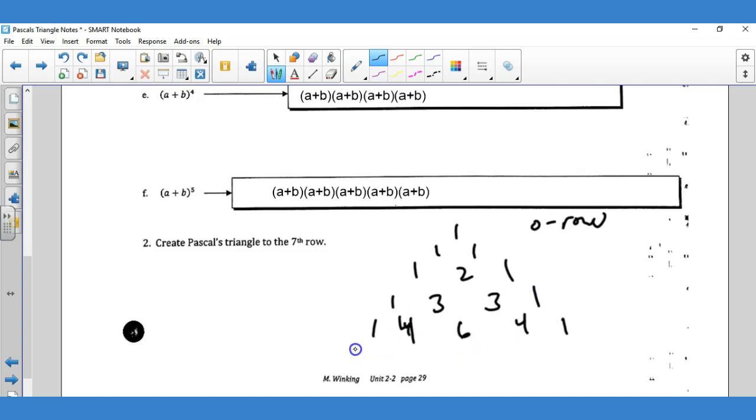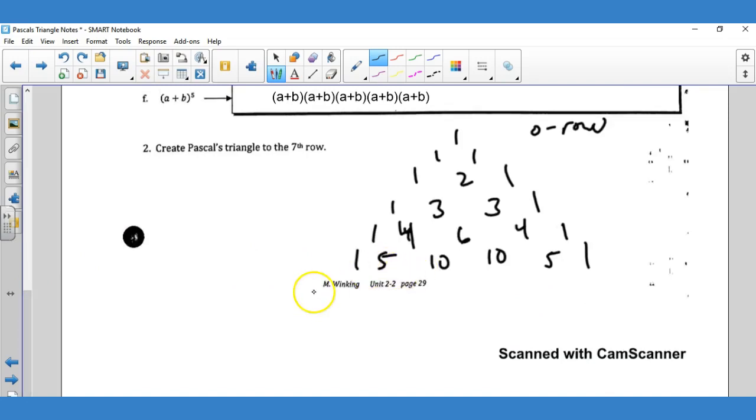And I'm just going to keep that going. 0, 1, 2, 3, 4. This right here is 5, 10, 10, 5, 1. Then we have 1, 6, 15, 20, 15, 6, and 1.